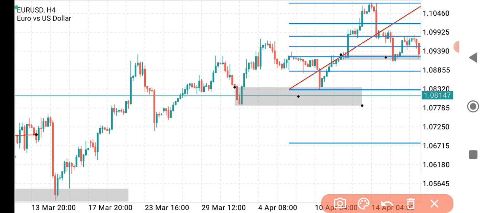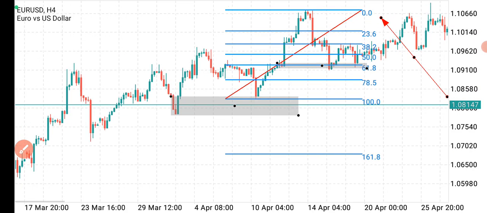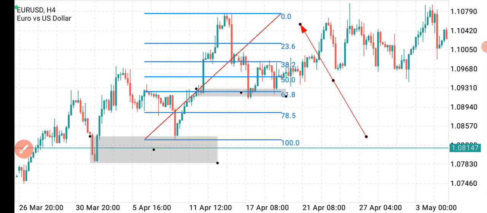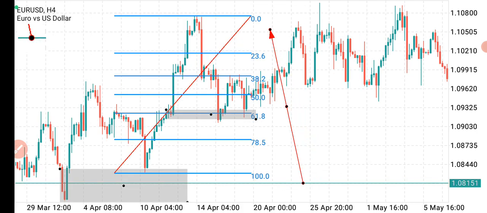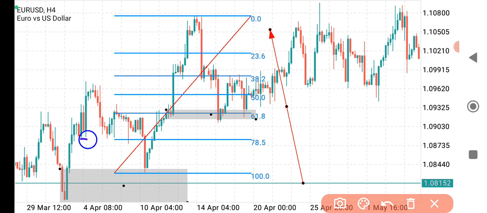So this is pretty simple, very simple. Even later in the future, price is still supposed to come back into this order block that took away this liquidity in order to mitigate.